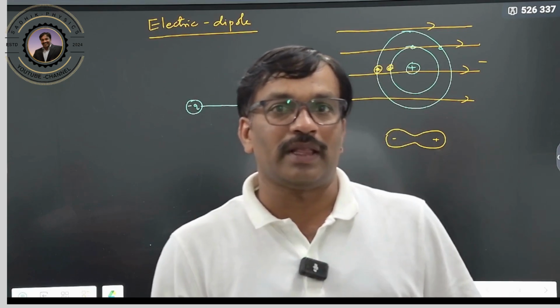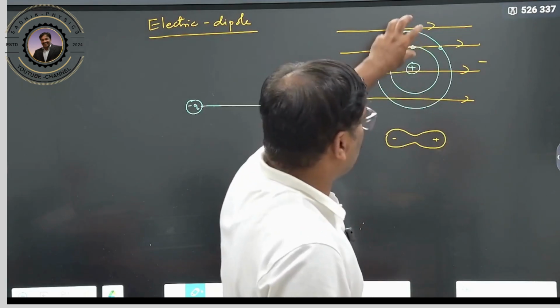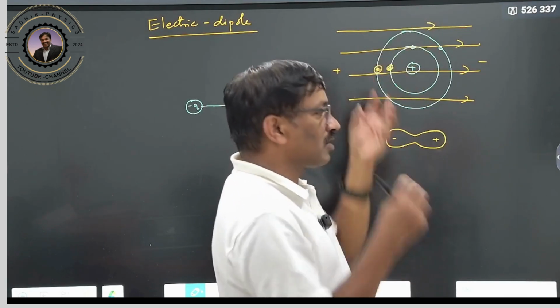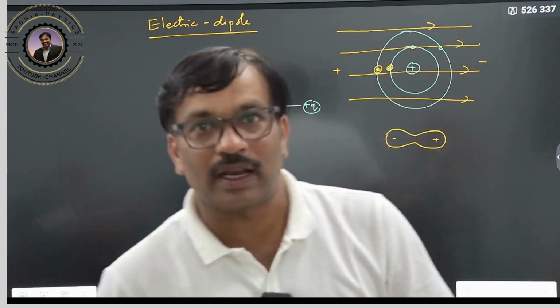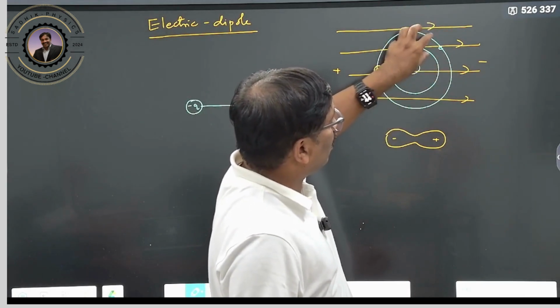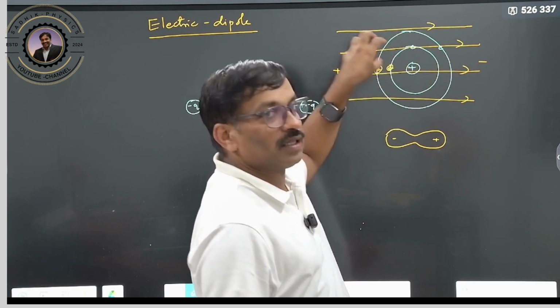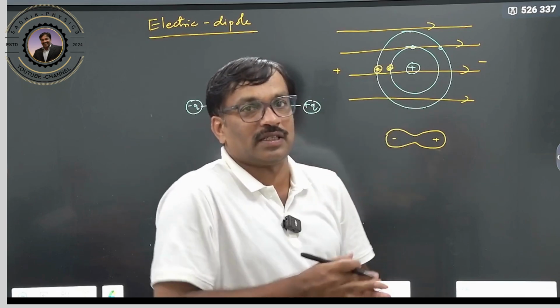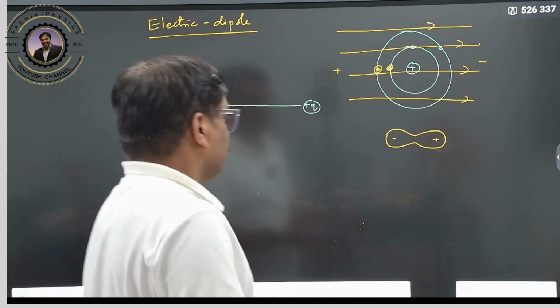Some molecules, without any electric field, have their total positive charge and total negative charge concentrated so that they do not act like a dipole. That is said to be a non-polar molecule. If, without any electric field, the total negative charge is concentrated at one point and the positive charge at another point, a small distance apart, that is said to be a polar molecule. Clear?